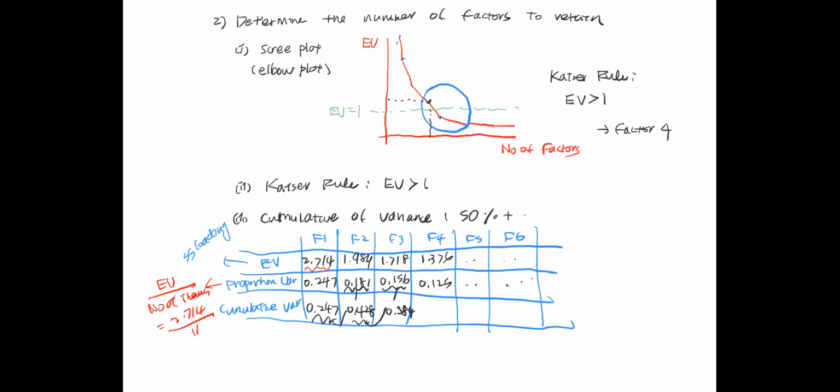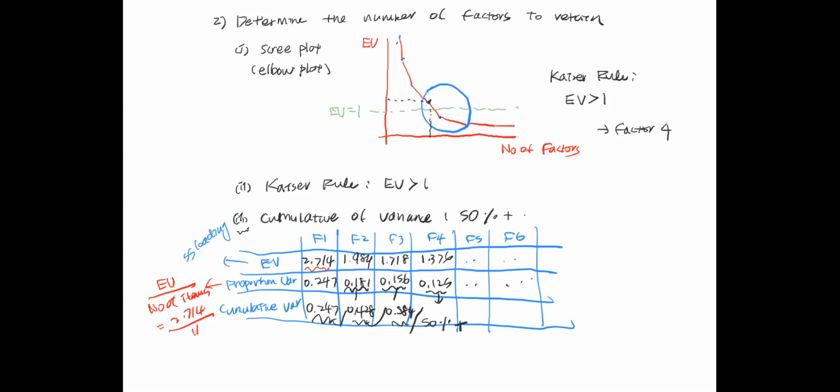Based on the cumulative variance rule, this already explains 50% of the variance, right? For factor 4, if you add those two numbers, you will get maybe more than 0.7 or something like that, so that's already over 50% of the variance.